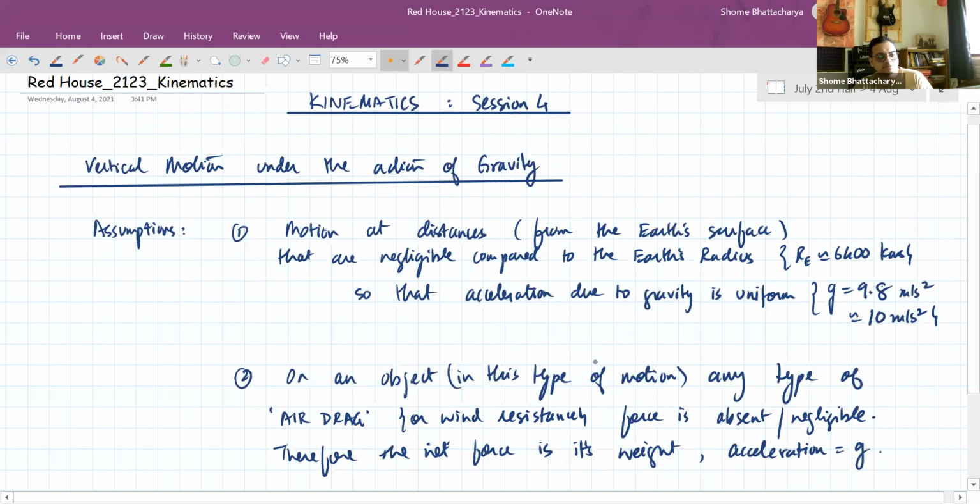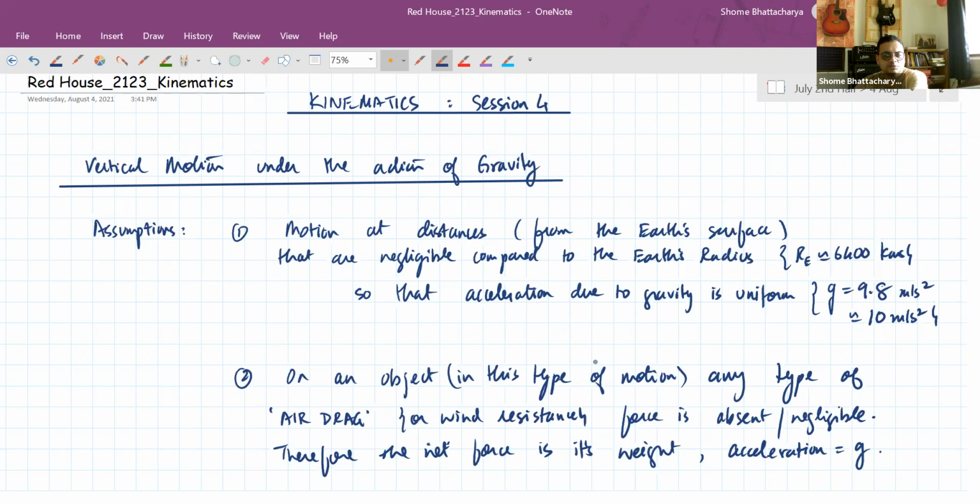Any type of motion under gravity that we are studying at this stage, we will make these two assumptions: that we are talking about distances small enough compared to the radius of the earth that there is no significant variation in the value of small g, that is acceleration due to gravity. It's a uniform quantity. And secondly, that on the moving object, apart from weight, there is no other force acting, like air resistance or air drag or wind resistance or any type of force.